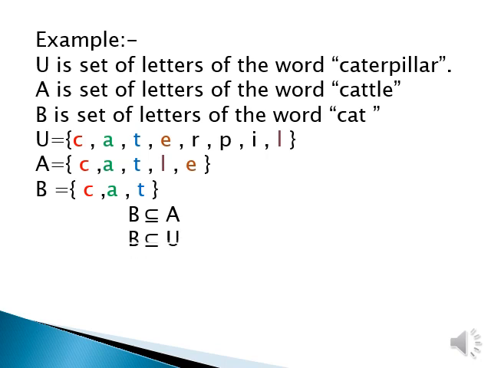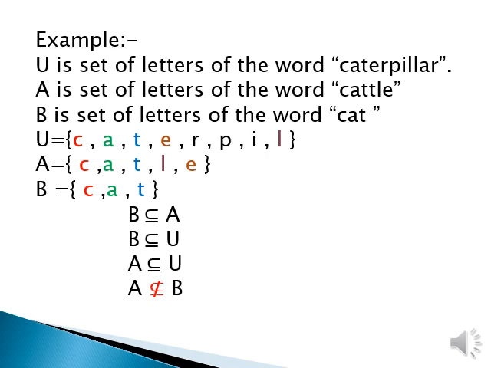We can see C is present in A as well as in B. A is again present in A as well as B. Again T is also present in set A as well as set B. But L is present only in set A. Also E is only present in set A. So using this we can see that elements of B are totally present in A as well as in U. So we can say B is a subset of A, also B is a subset of U.